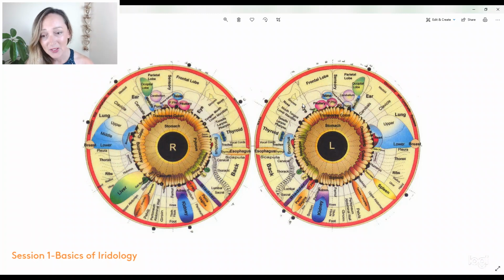Really interesting fact that I love so much. It's not just about the physical here. This is also about the emotional aspects of the self. So not only is there the physical meaning of what a particular marking might mean within the eye, it also looks at the emotional aspect and the character traits that may be present as well, and why we do a certain thing, or perhaps something that we've been doing in our life doesn't really resonate or sit well with us, and then you're like, oh, that makes sense.